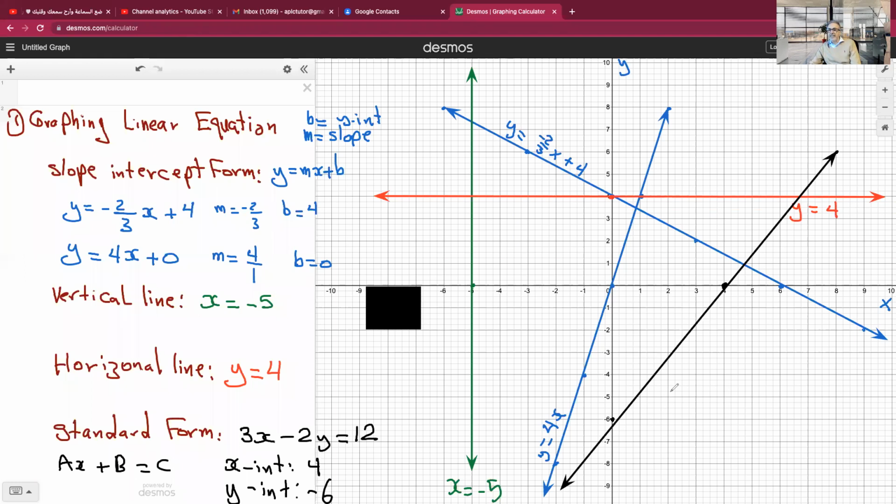Let me get rid of this. Sorry, I'm just going to fix it a little bit here.